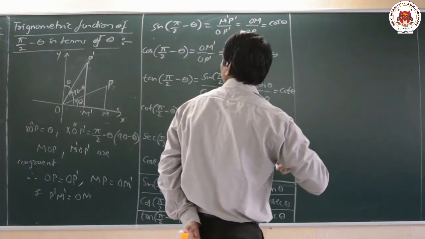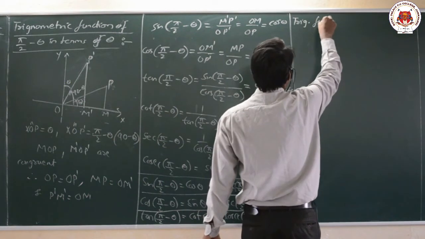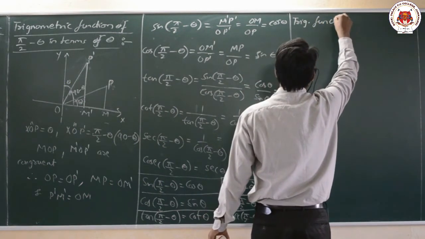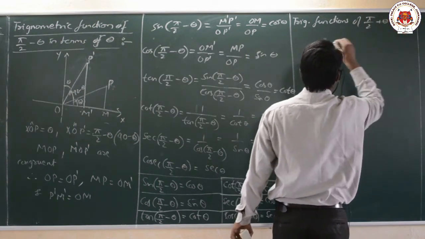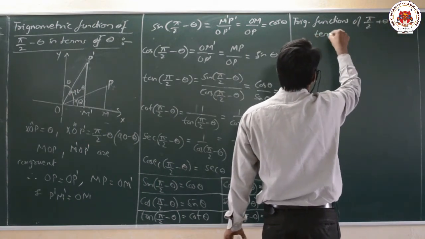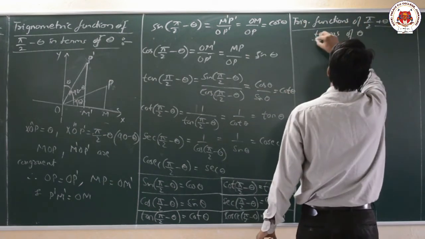This is over now. Now let us start with the trigonometric functions of pi by 2 plus theta in terms of theta. Here it is also very, very simple.